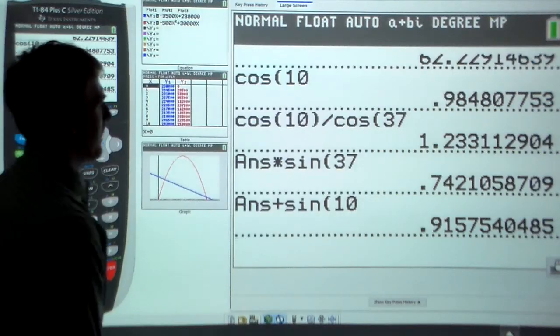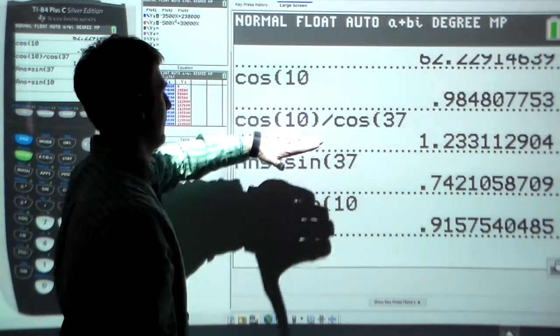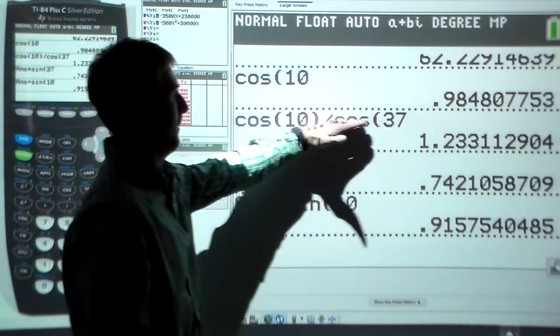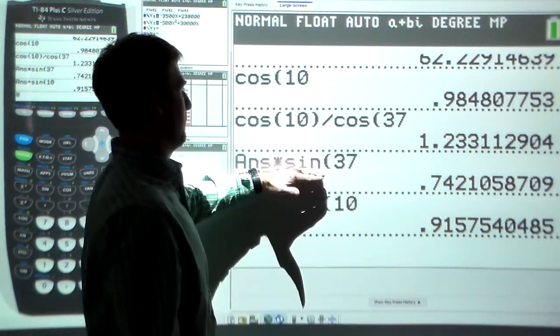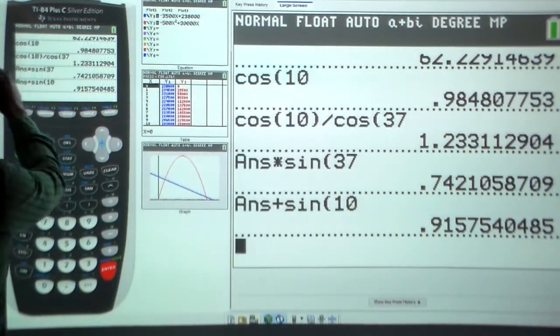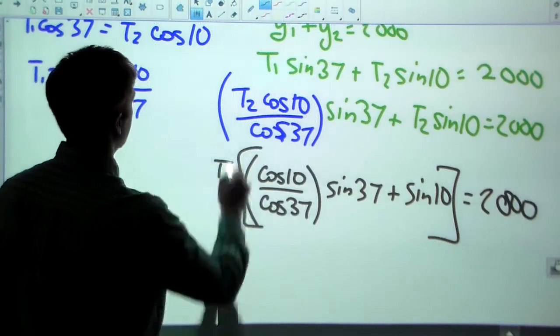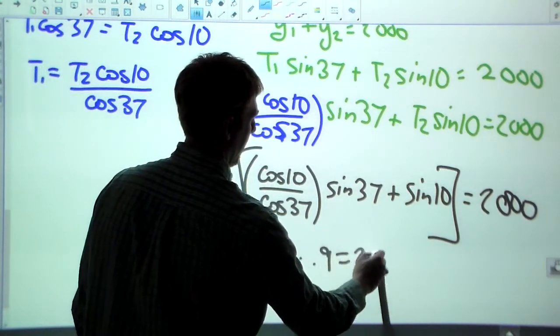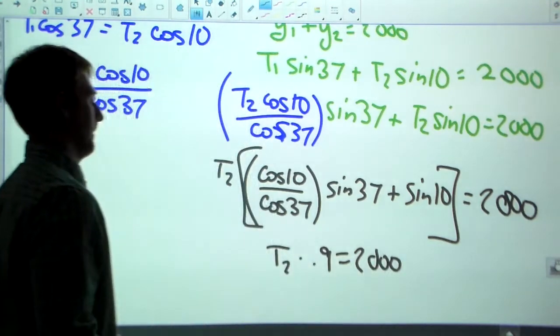All right, if you notice my progression here, I broke it up into 3 steps, because I don't want to make a mistake with parentheses or something like that. So I did cosine 10 divided by cosine 37. Then I multiplied, then I added, and I've got this decimal. So what I'm getting now is, and I'm going to abbreviate this really badly, T2 times 0.9 is 2,000. Now, I've got all those decimals saved in the calculator.